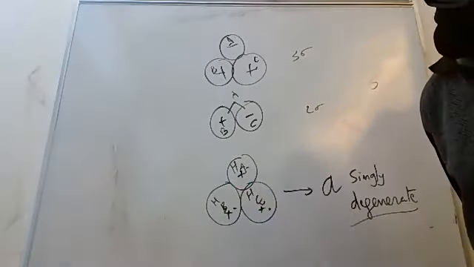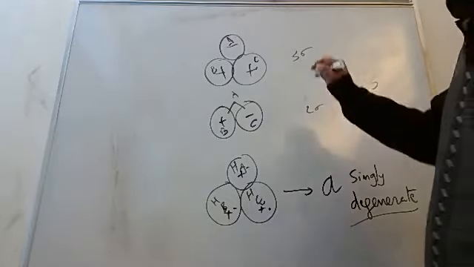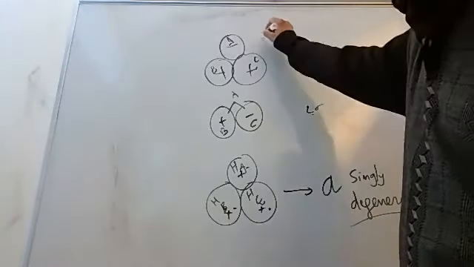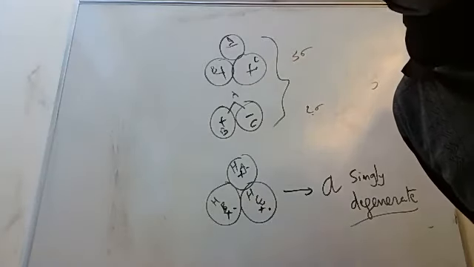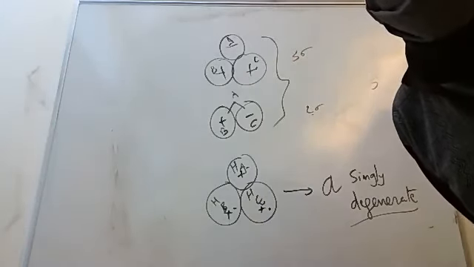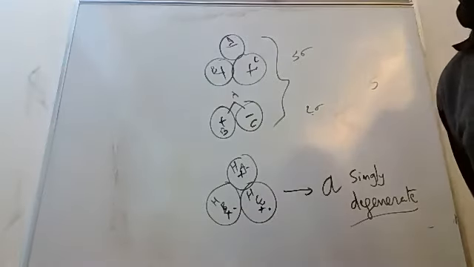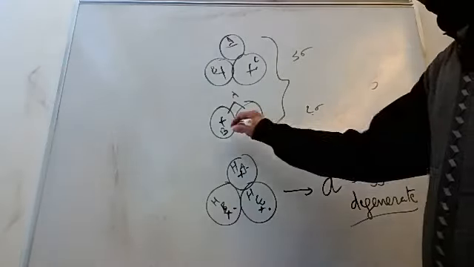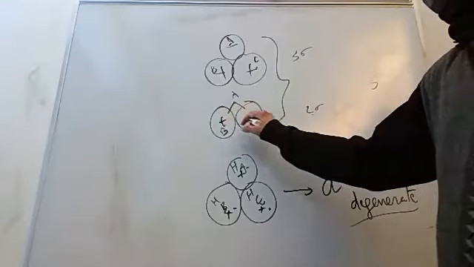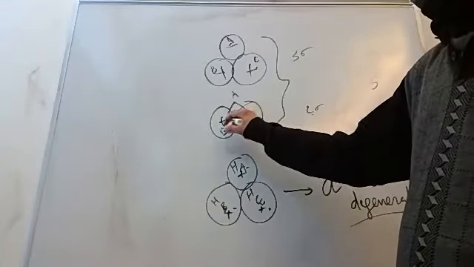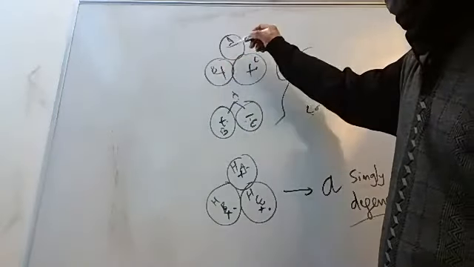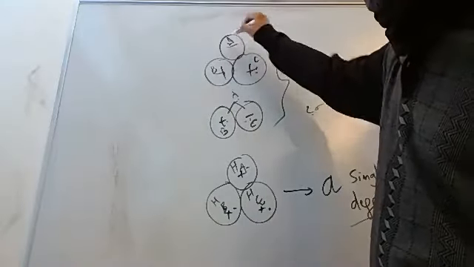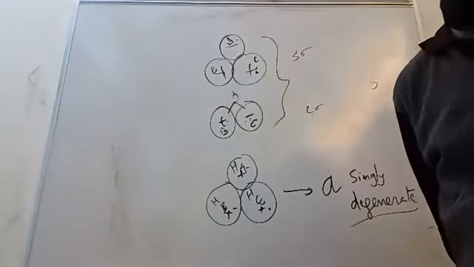Now I'm going to argue that the remaining 2 states, although they look different, are exactly identical in terms of energy. Why? If you look at this, there is no bonding here, and there is one antibonding here. If you look here, there is a bond here, but there are 2 antibondings here.